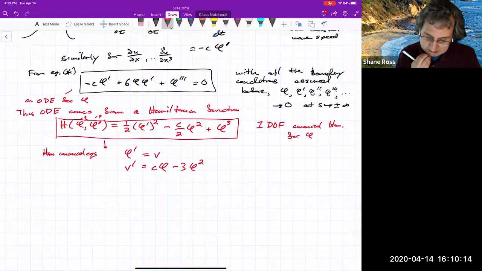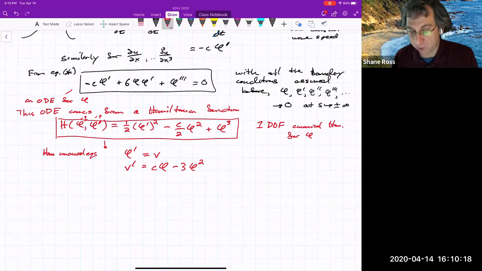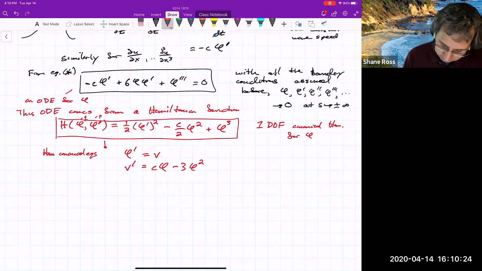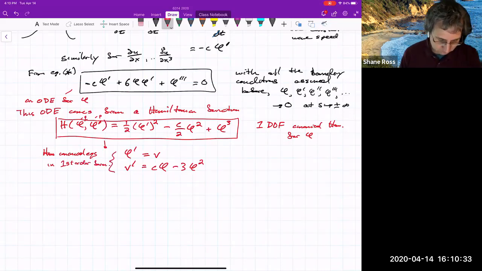So you can get a phase portrait from this, a 2D phase portrait, a phase plane. So this is now in first order form. This is what you get.